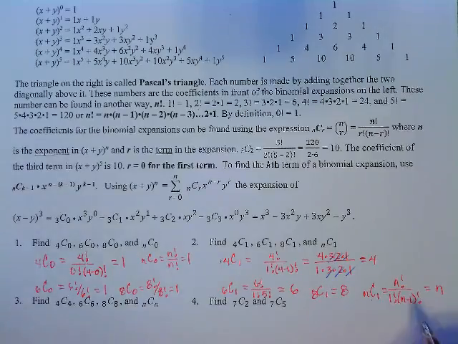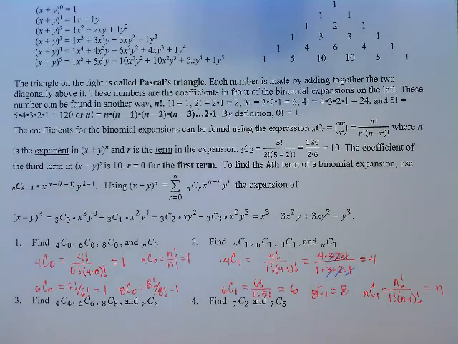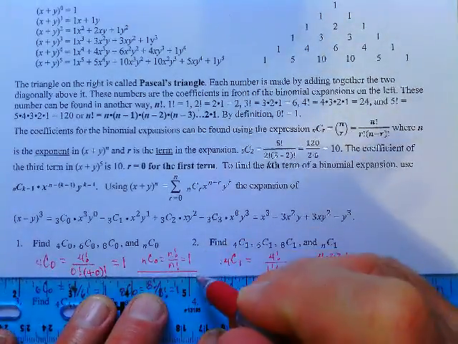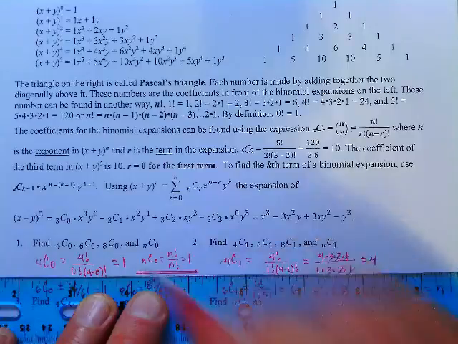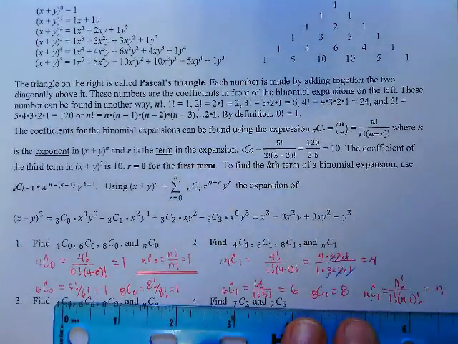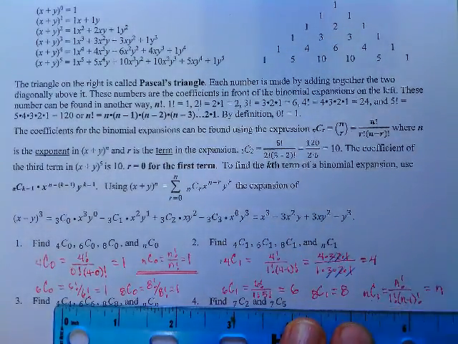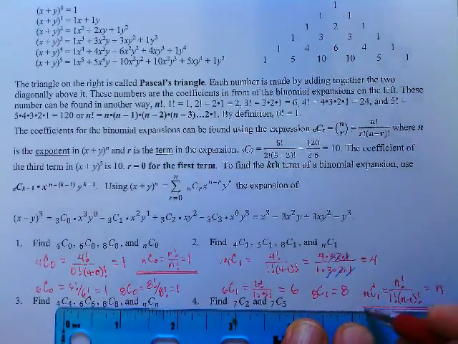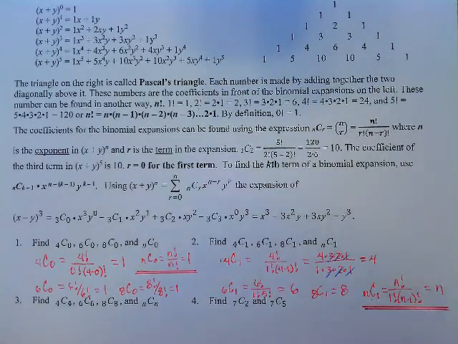So for things ending in 0, no matter what number n is, our answer is going to be 1. For the next term over, r is now 1, so that's always the second term. The second term will always equal n.